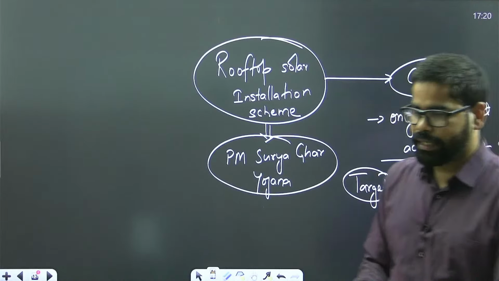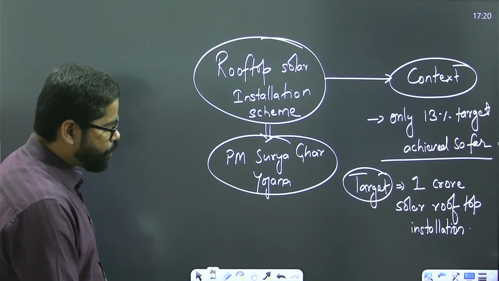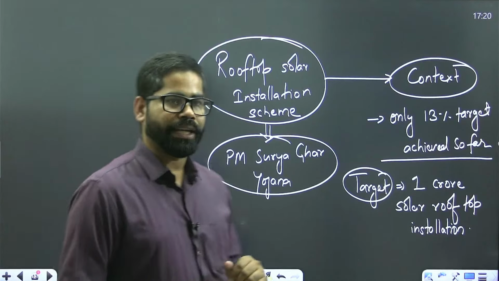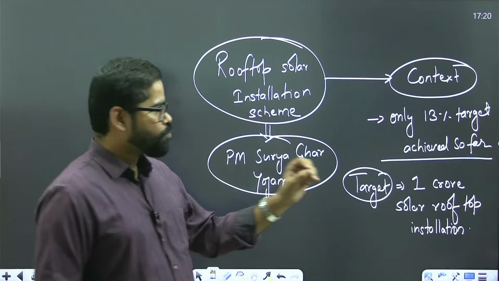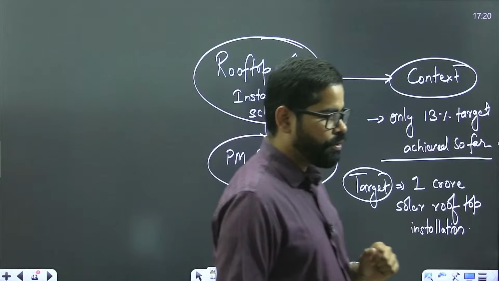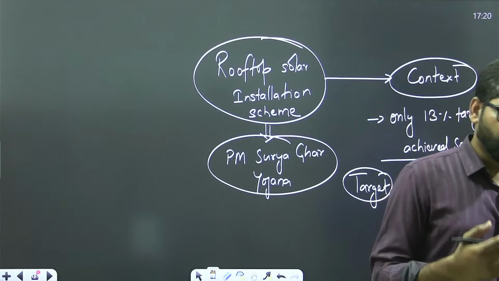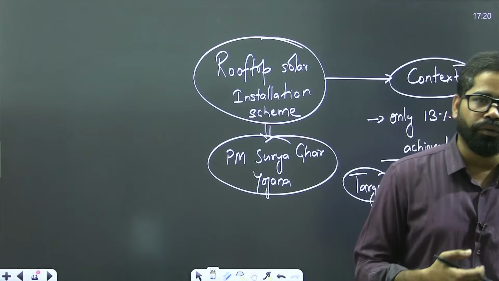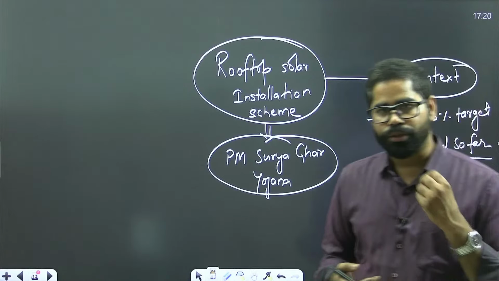That is one thing which we are having, in case of the schemes program, the aim of the scheme. But so far there has been achievement of only 13%, and in that context we are going to talk about this scheme.